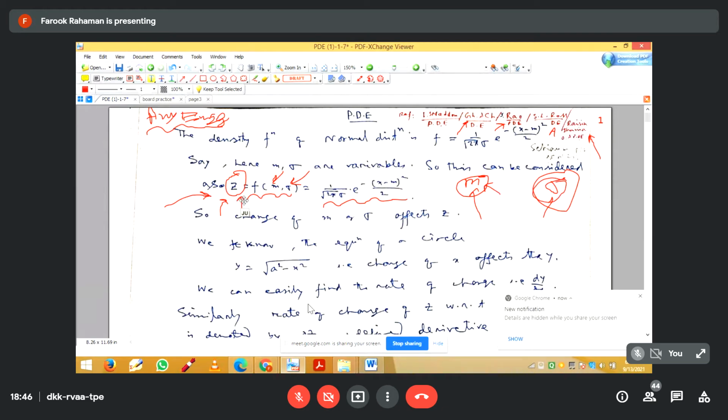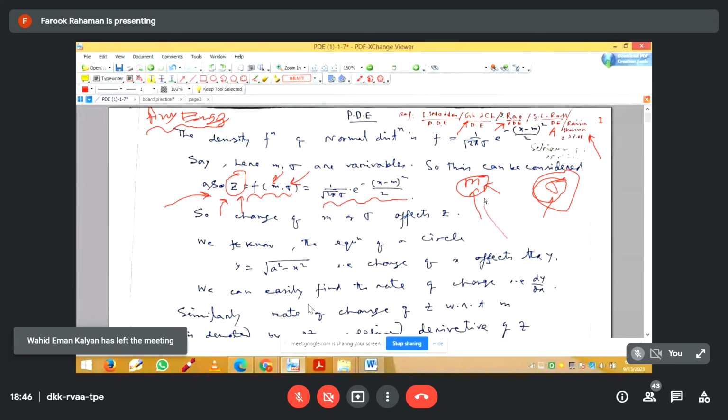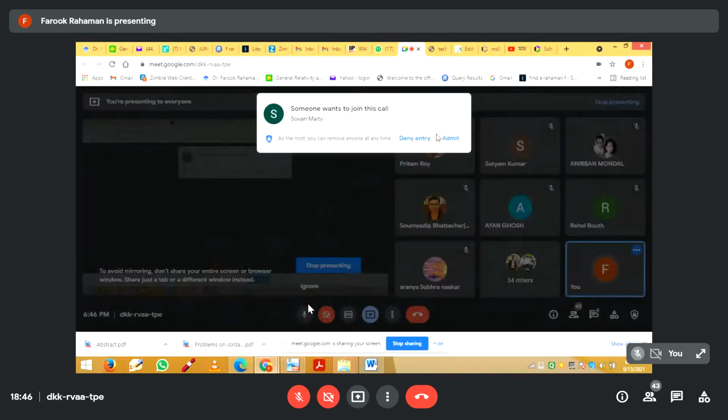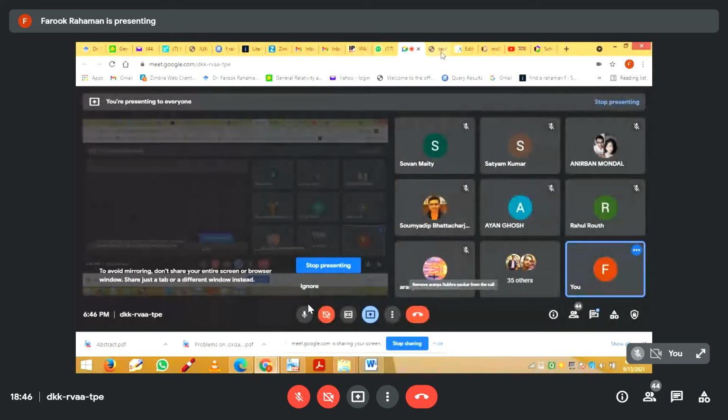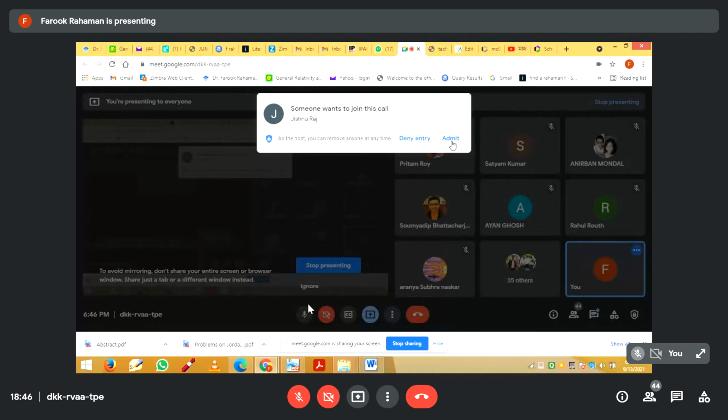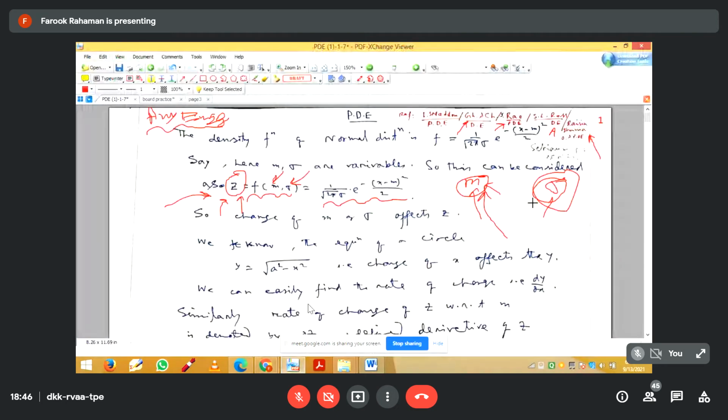In this way, we can find the rate of change of only one variable, either m or sigma. That is the partial differentiation of the given function.